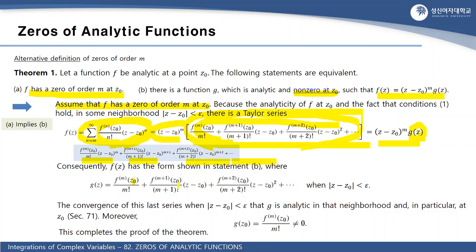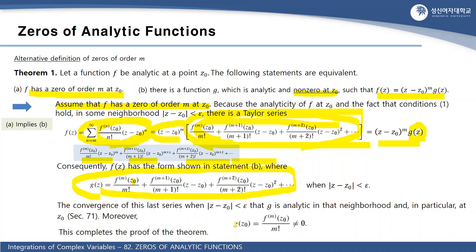This is the convergence of this last series here. When |z - z0| is less than epsilon, g is analytic in the neighborhood and at z0.